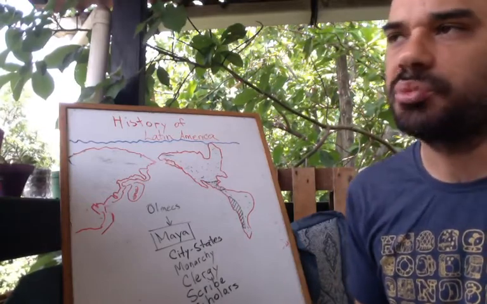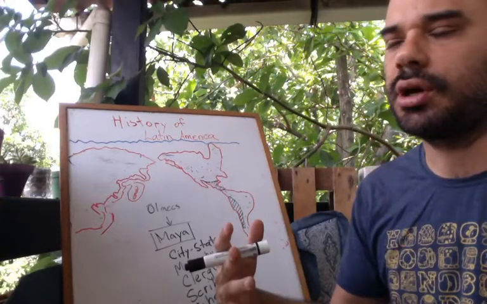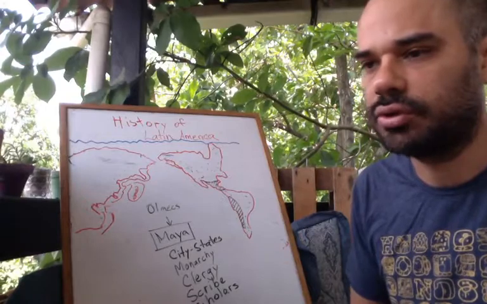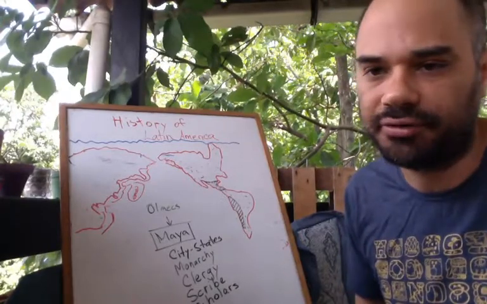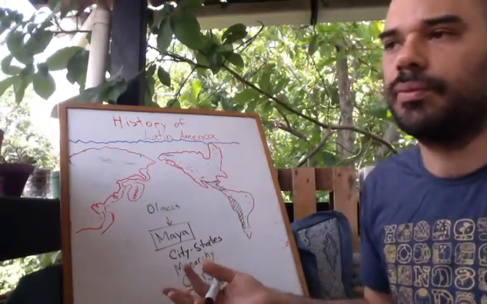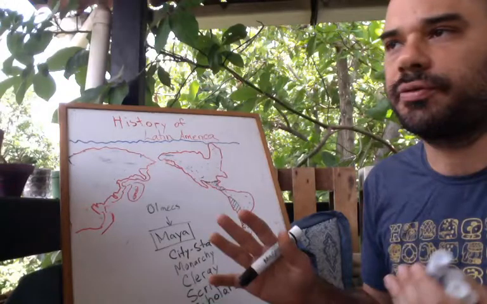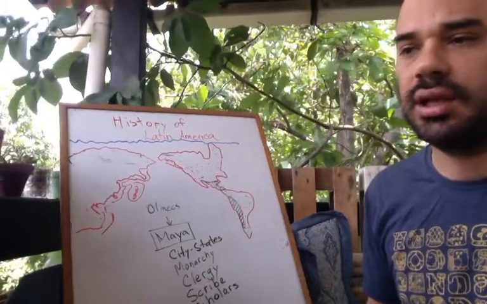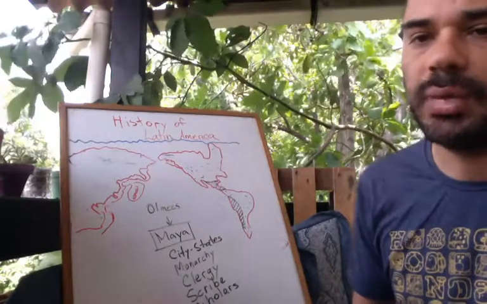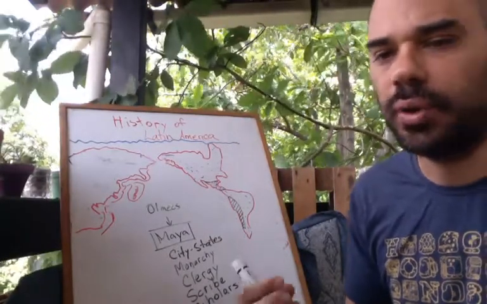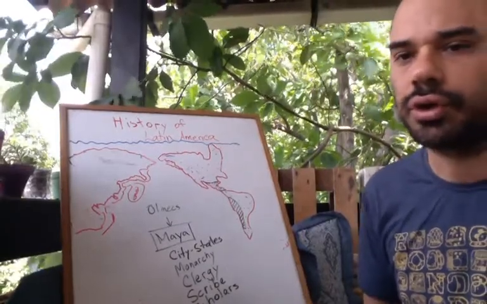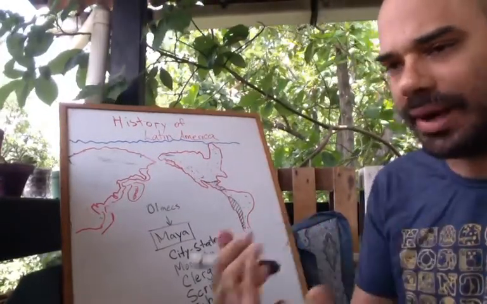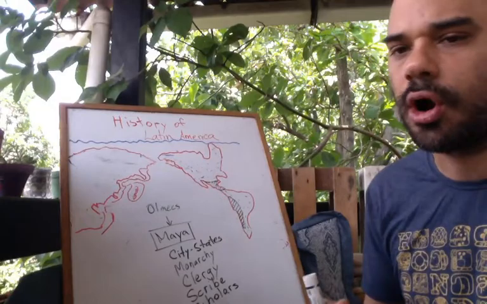And why are calendars important? Well, one of the reasons calendars are important is to keep track of time. But for ancient civilizations, calendars were also important because they needed to know when to grow their crops, how to plan their agriculture, when to plant and when to harvest.